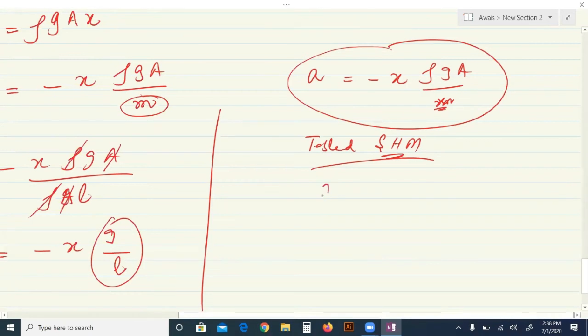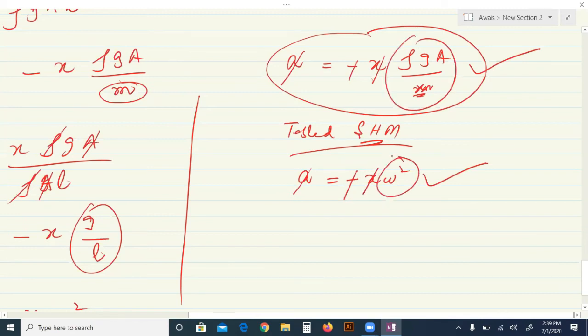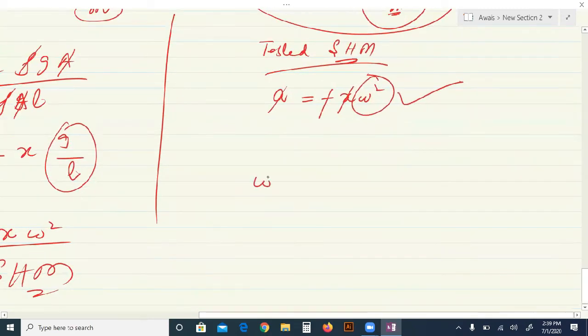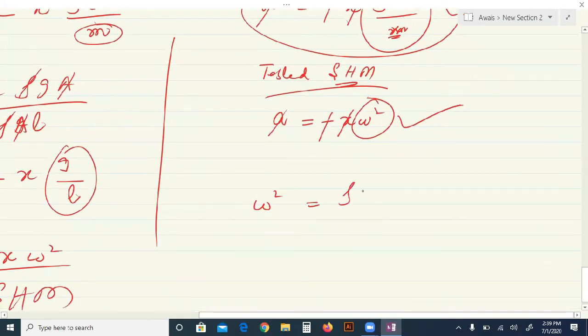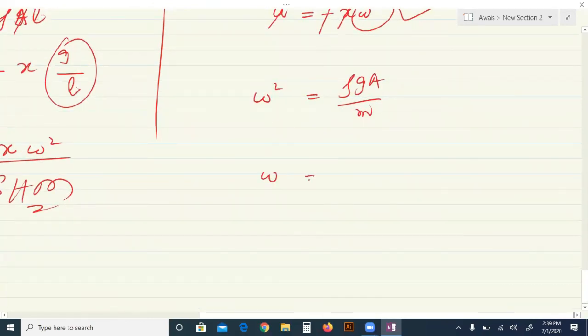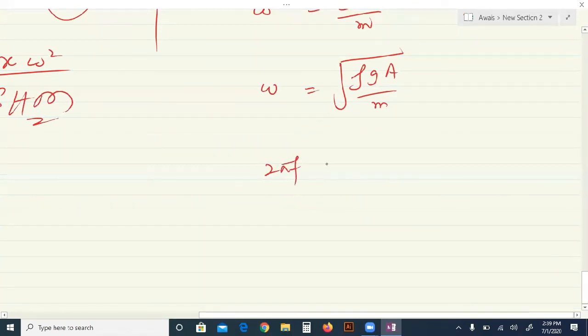So if it's tested, then it must be obeying a equals minus omega square X. We will compare this and this equation. The minus X, it means this portion is omega square. Then we write omega square is equal to rho G A over m. Then omega will be equal to under root rho G A over m, and omega is 2 pi f.